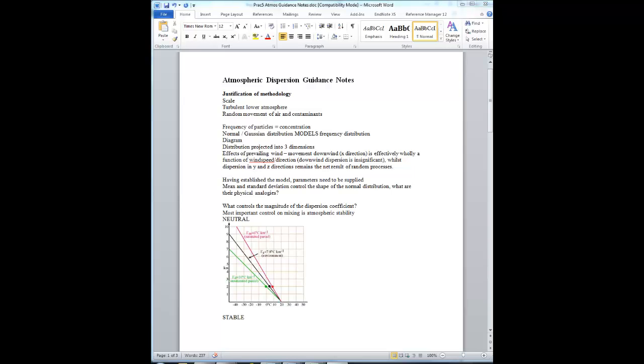So predicting in the direction of the wind just requires knowledge of the wind speed. We assume that the rates of dispersion in the vertical direction and in the crosswind direction are much less than the dispersion brought about by the wind blowing in the downwind direction.